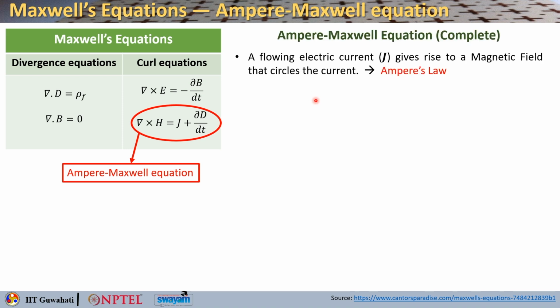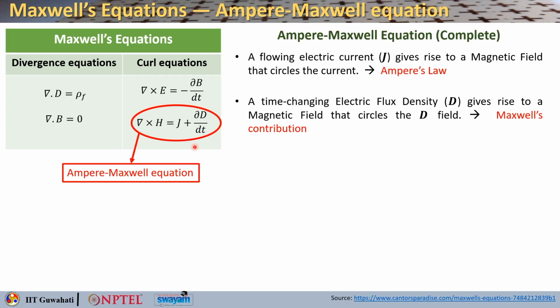So, this is a complete one. It tells you that a flowing electric current gives you a magnetic field that basically circles the current. So, that was coming from the Ampere's law, and then Maxwell added this new term, and it says that a time changing electric flux density also gives rise to a magnetic field that circles the D field, and that is basically Maxwell's contribution.